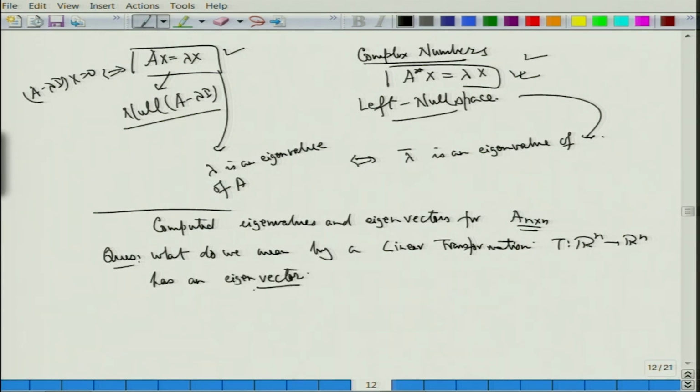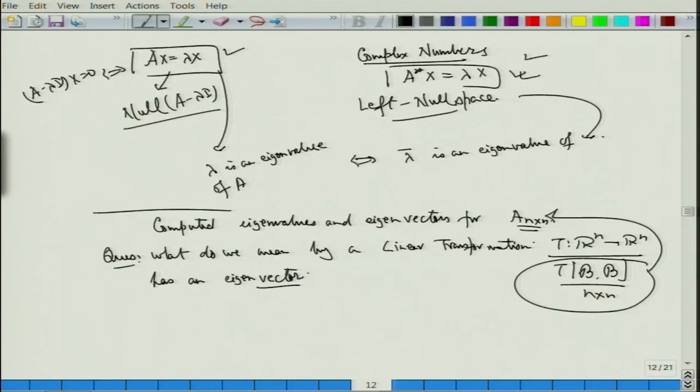All right. So, recall that since T is from Rn to Rn, I can take an ordered basis of Rn and this will give me an n cross n matrix, A, for some A, and therefore I can talk of eigenvalues and eigenvectors. Fine. So, T is some linear map.